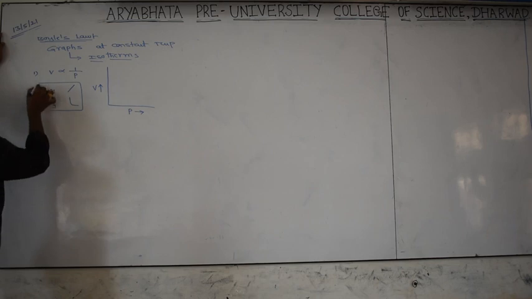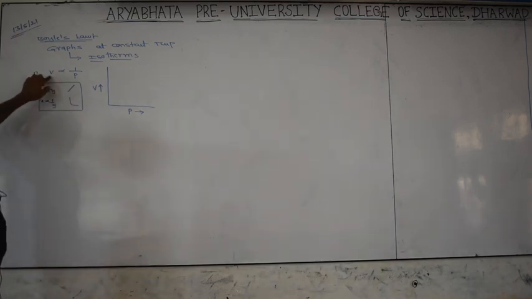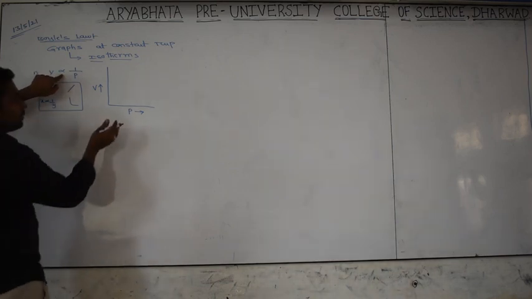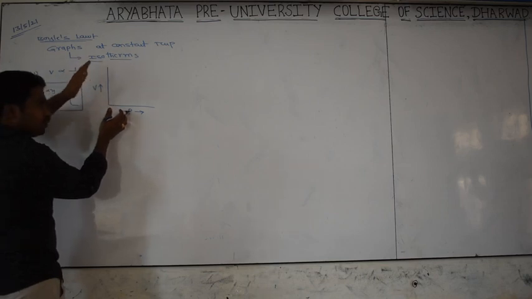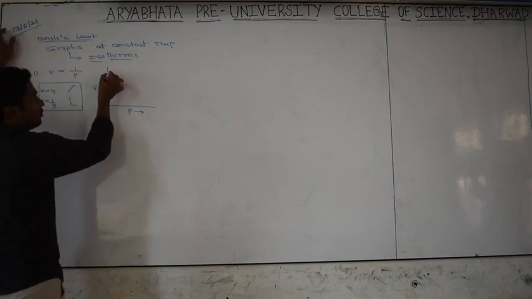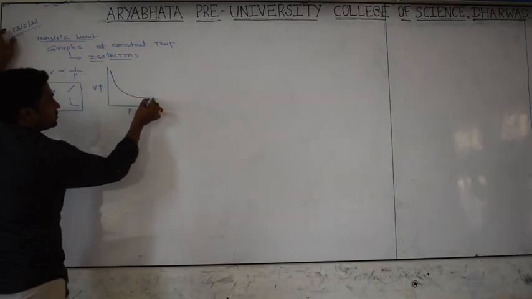Now between these two variables, what relation is going on? Inversely proportional. That's why initially pressure is low and volume is high. As the pressure increases, volume decreases. That's why we get graphs like this.